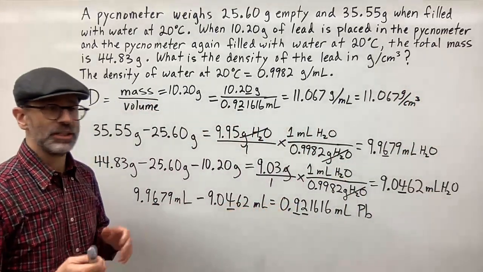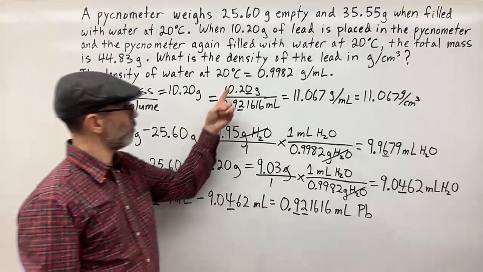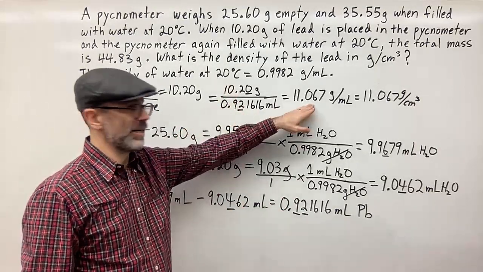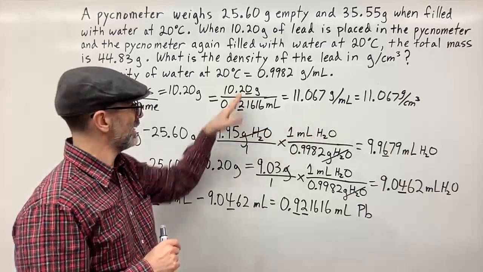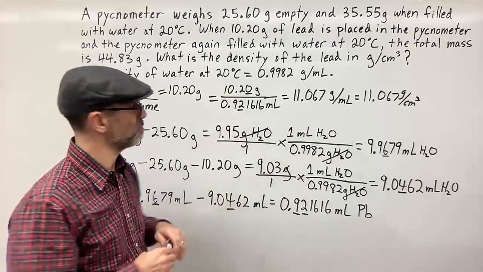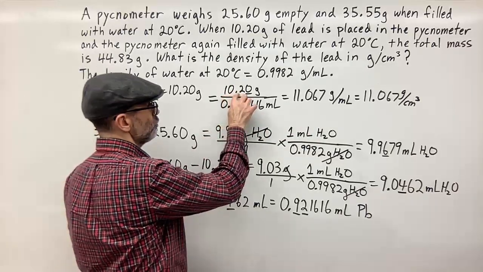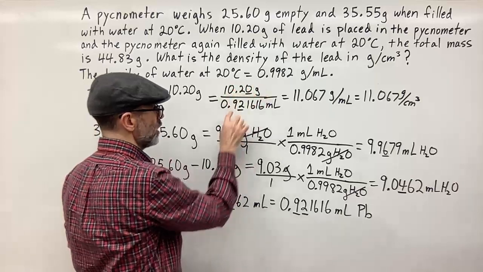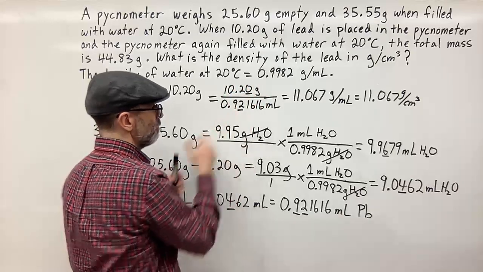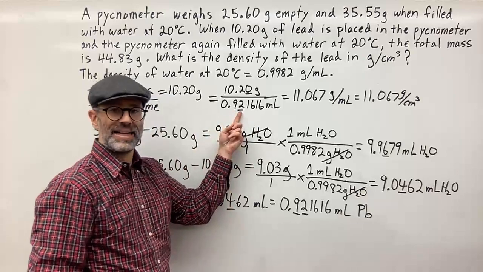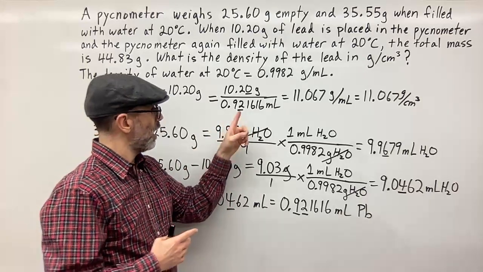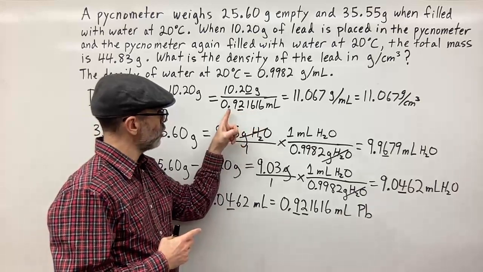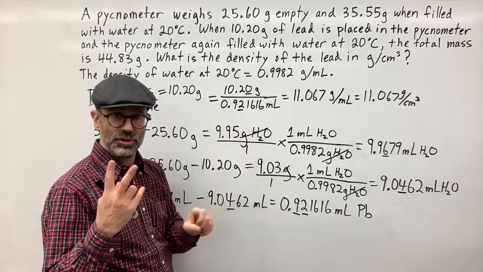Now, as far as sig figs go, remember when you're multiplying and dividing, your answer should have the same number of sig figs as the least number of sig figs in the measurements that you're multiplying and dividing. So here I have 1, 2, 3, 4. I have 4 sig figs here, but because on the volume here, my last digit that I'm allowed to keep is the 2, I can't count those, so I have 1, 2. So I have 2 sig figs.